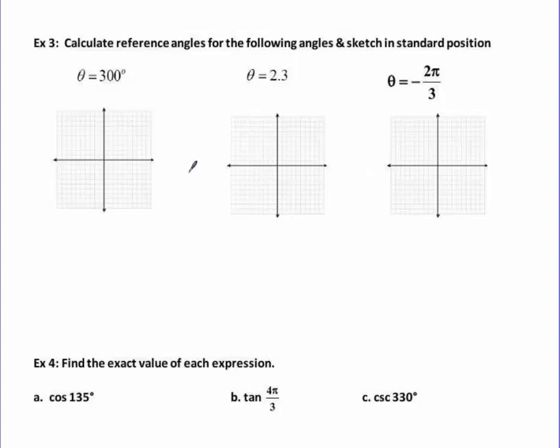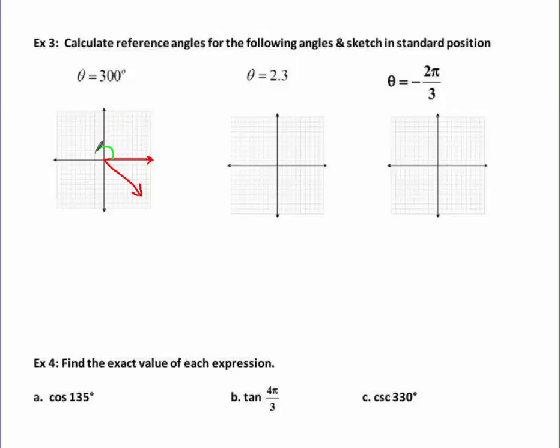All right, a couple of quick examples and then we'll be done. Calculate reference angles for the following angles and sketch in standard position. All right, 300 degrees. Well, we know that if we're starting here, this is where we start. It's our initial side. We're going to go 300 degrees. So we're going to go 90, 180, 270, plus 30 more, right?